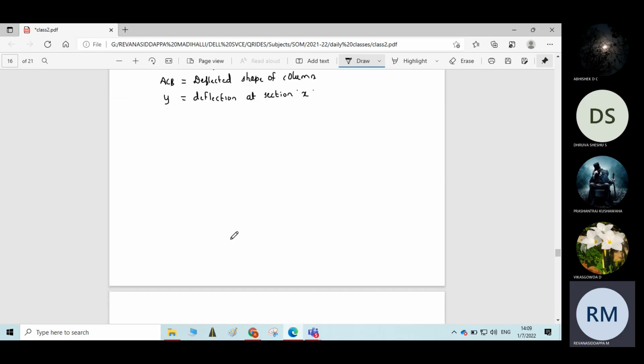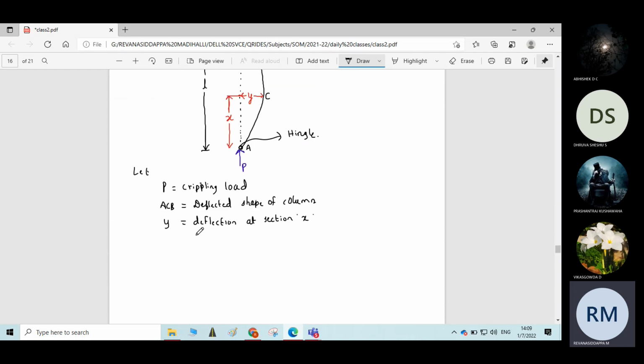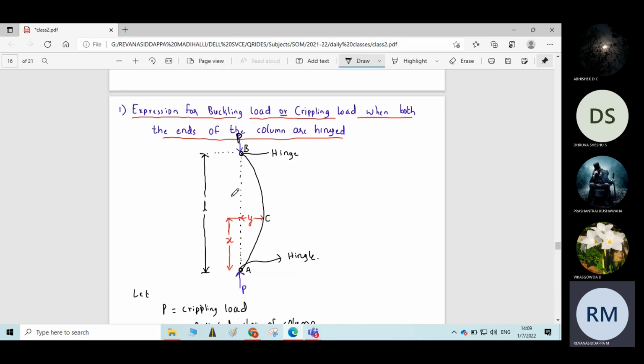Moment due to crippling load about C is equal to... You find the moment of this particular force P about C. What is moment?